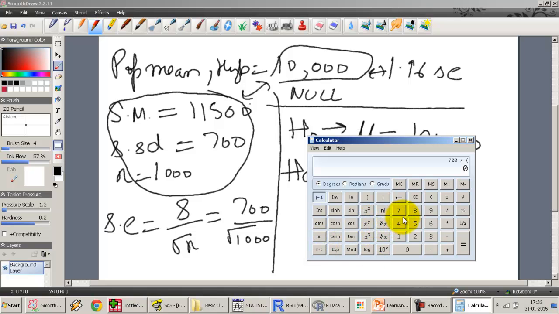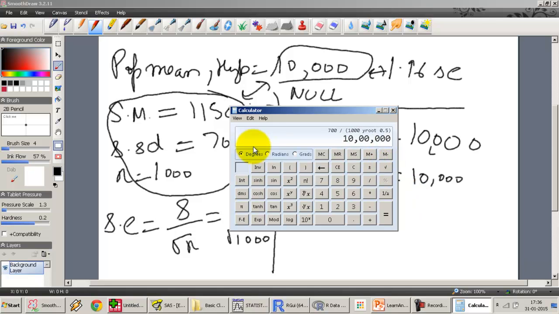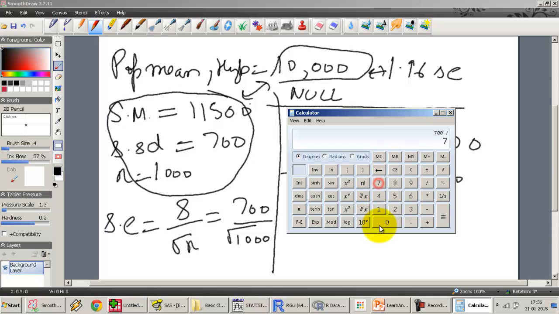Okay, so I'll just raise it to the power, 1000 raised to the power 0.5. Okay, I did something wrong, just hold on. Yeah, there's the square root function, so let me try it again.